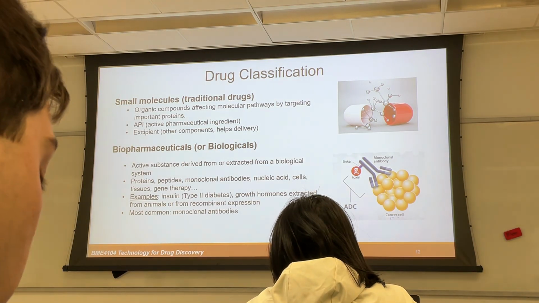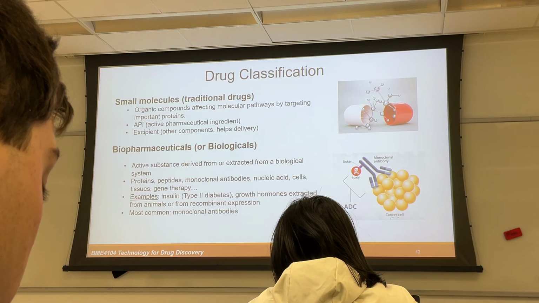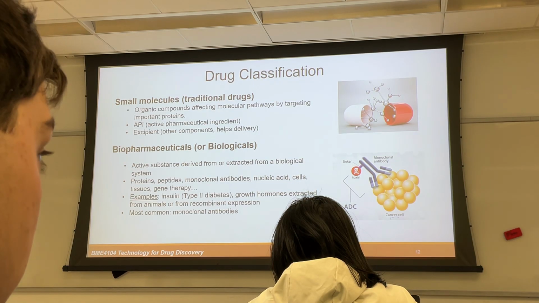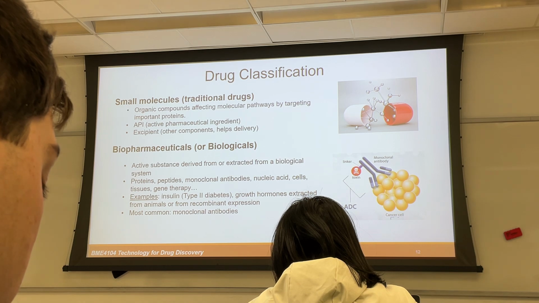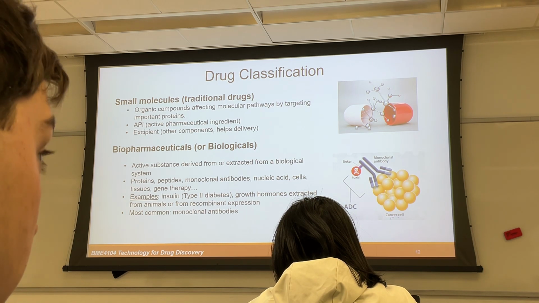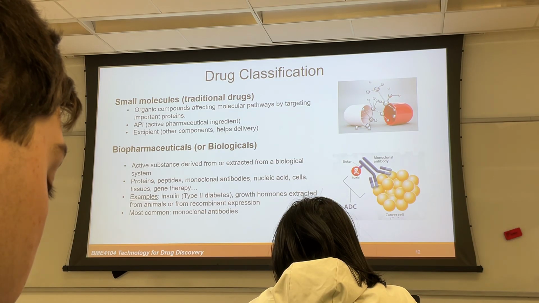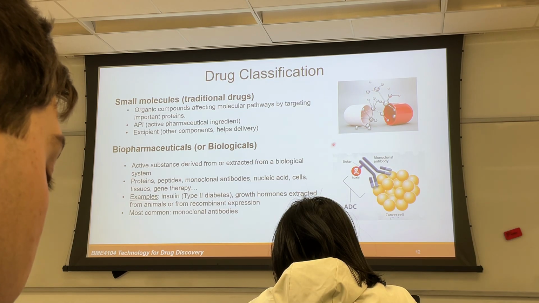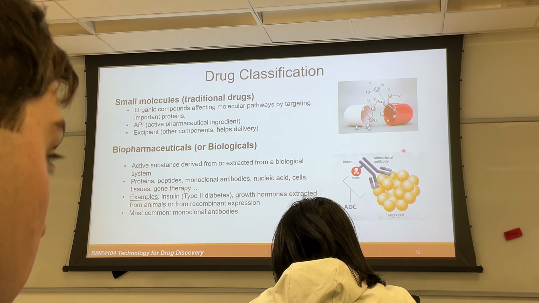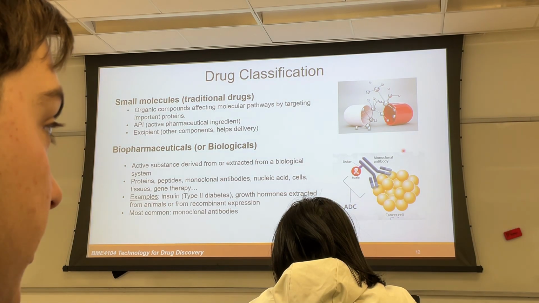They are usually proteins, or even peptides, monoclonal antibodies, nucleic acids, or even a whole cell or a whole tissue. Anything in those categories can be called a biologic. So you can see these are more complex, and they were only developed in recent years with people's more advanced technology.